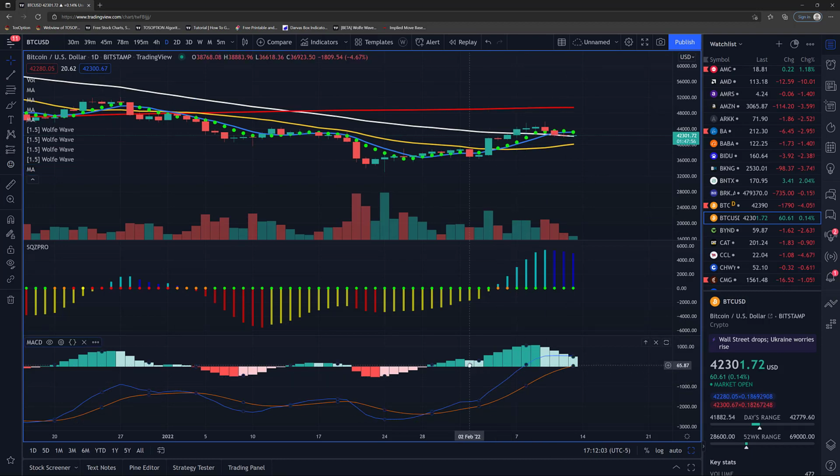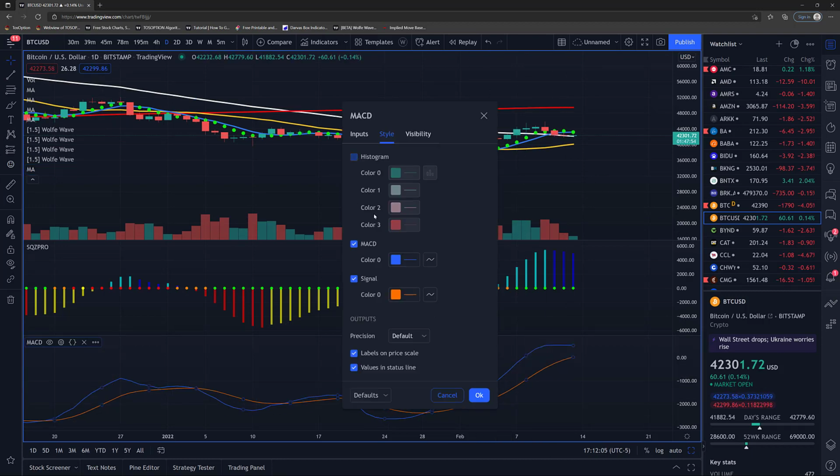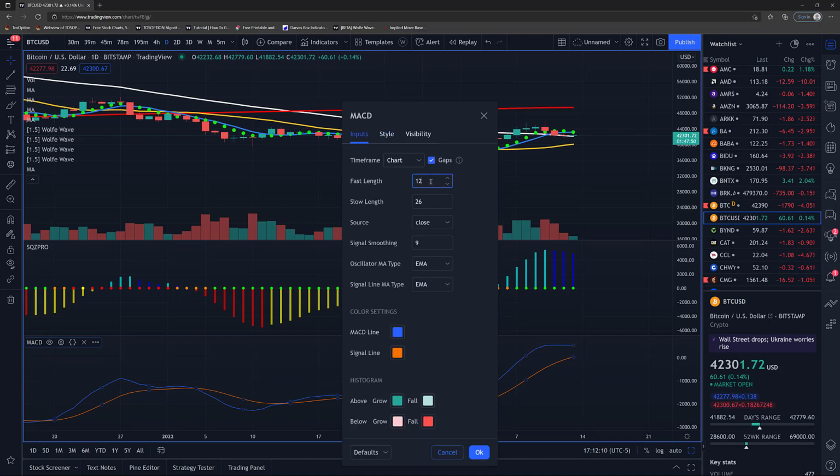Something like this, and I guess you don't really need the histogram there, you just need the MACD. And the input parameters would be 3, 14, and 16.